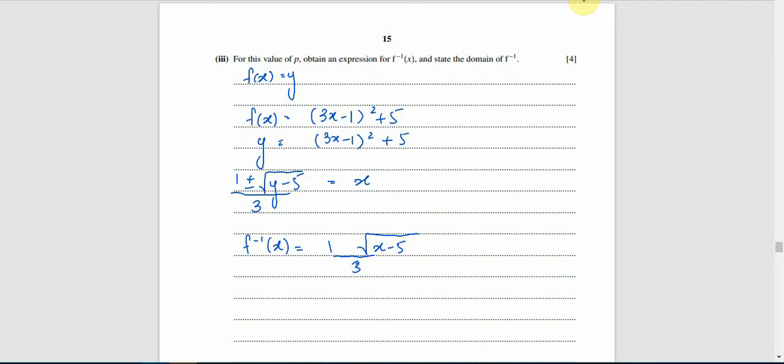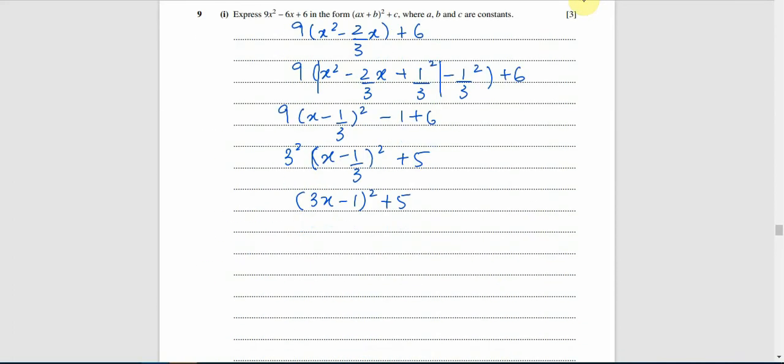You'll first have to find the domain of f inverse x, which is also the second part of this question. So from the first part, let me write it down. This is f(x), f inverse x, domain and range. As we know from the first part, our domain is greater than or equal to 1 upon 3 for f(x). The range from our first part you can see is plus 5.